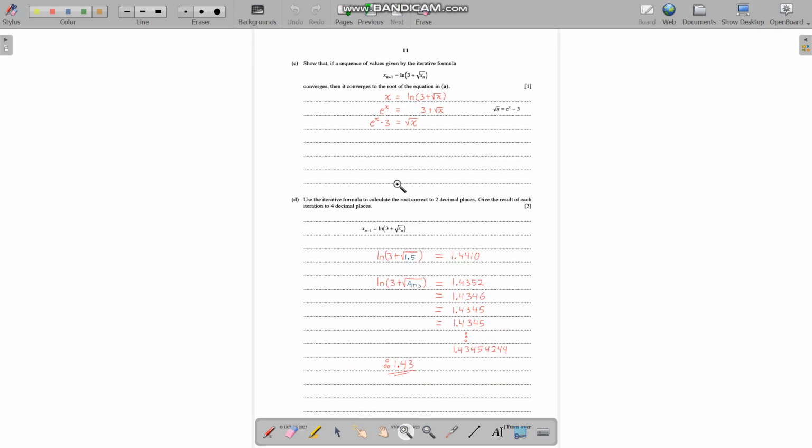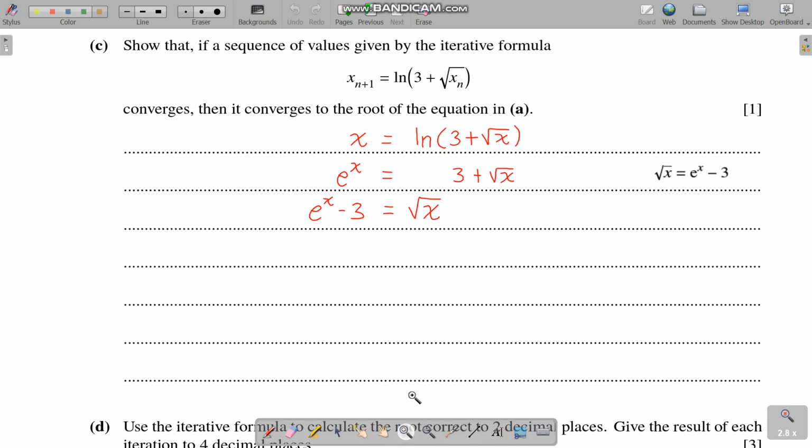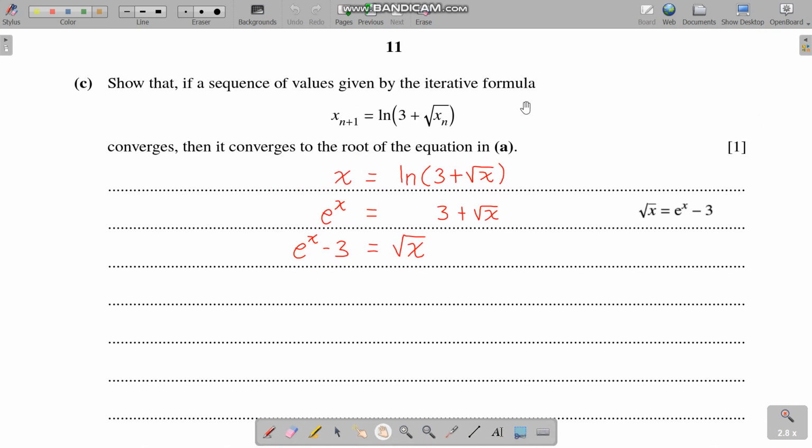The next part is to show that the sequence of values given by the formula converges to the root. So we have to show that this iterative formula can be changed into the original equation.